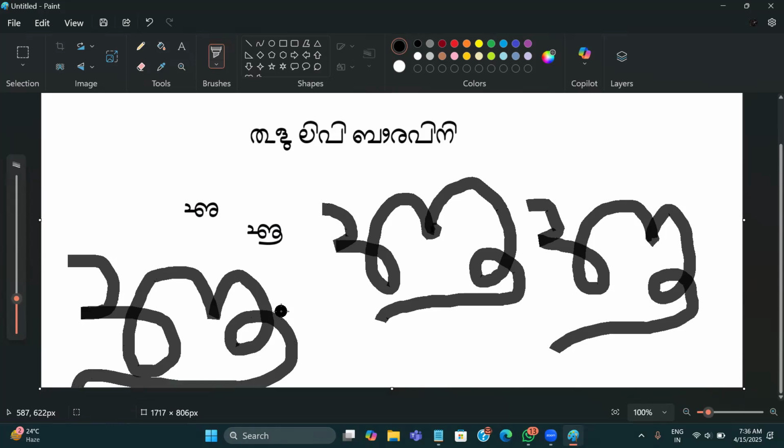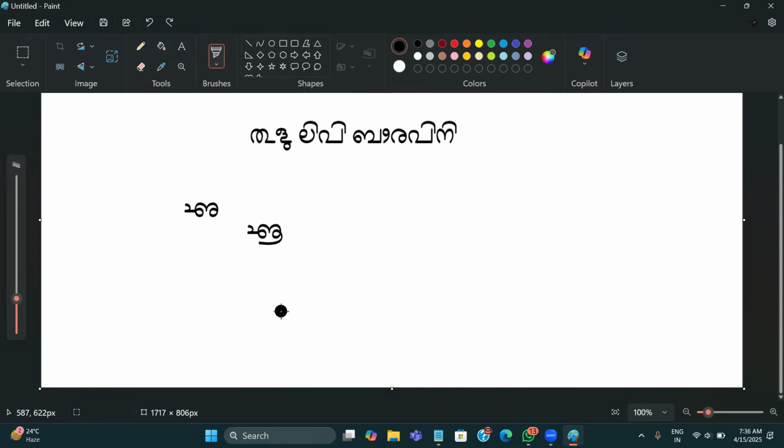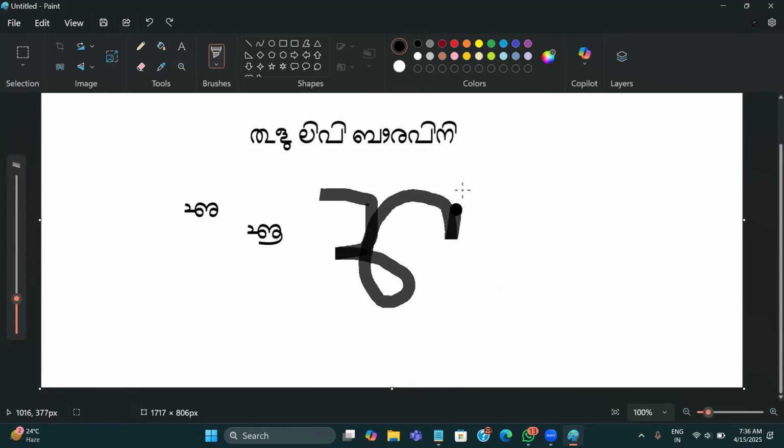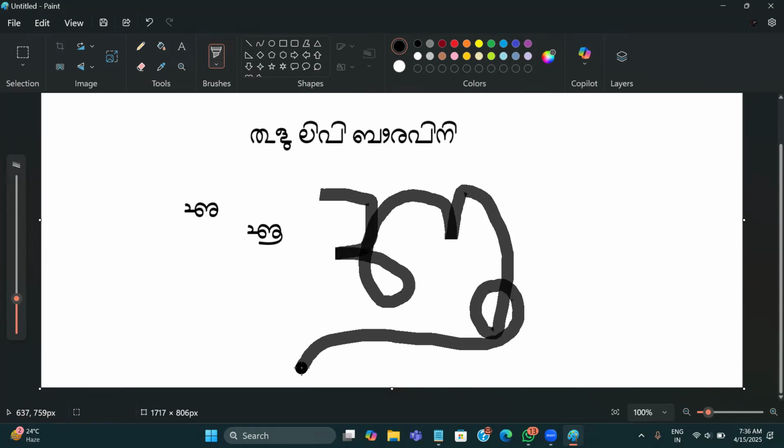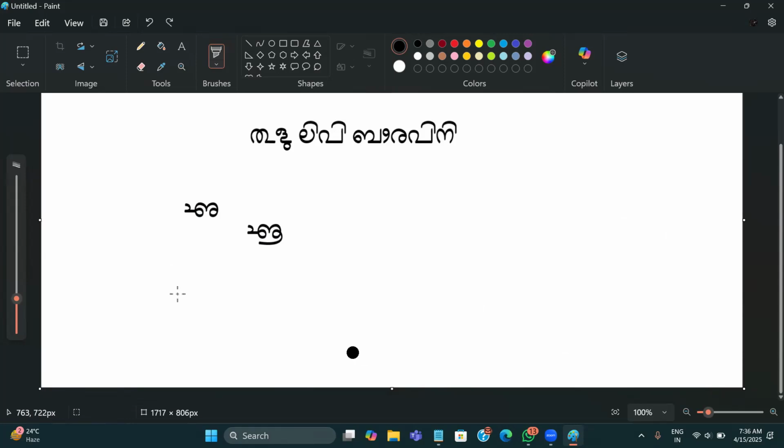Like this. Heights are not perfect. That's why I am showing again. Like this. There are a few other ways also to write A.